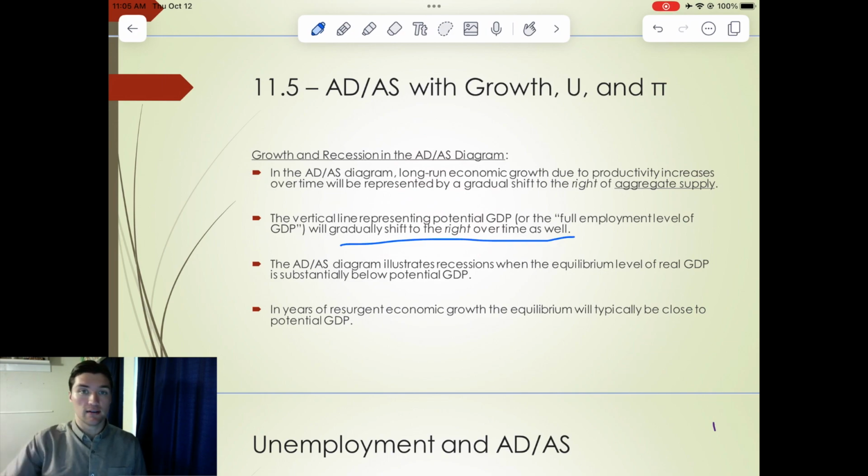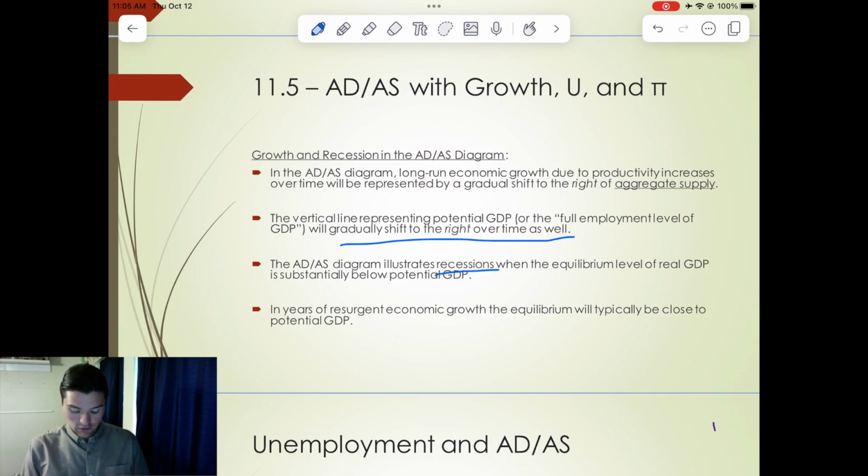But because of lack of demand, higher unemployment, or maybe a change in the available resources, something is going on to where you are not at your potential. So here is your potential GDP, and here's where you are. You are below your potential, and when this is happening, we say that this is the recession.